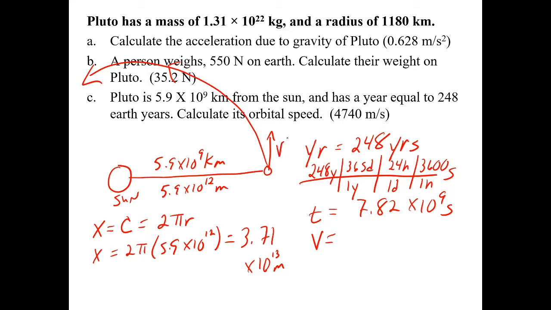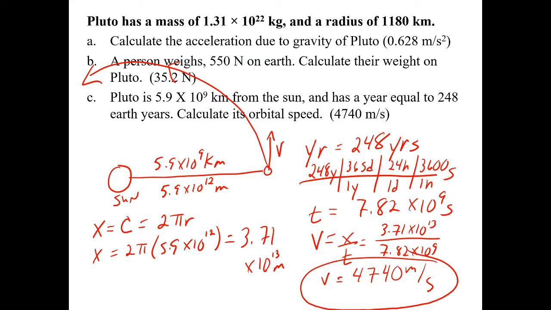Now the speed at which it goes around, the v, is just distance over time. 3.71 times 10 to the 13th over 7.82 times 10 to the 9th. So we had to do all these really big numbers. And we get 4,740 meters per second, rounded with significant figures. That's how fast Pluto is going. And in fact, if the sun were to disappear, Pluto would go off in a straight line at 4,740 meters per second.